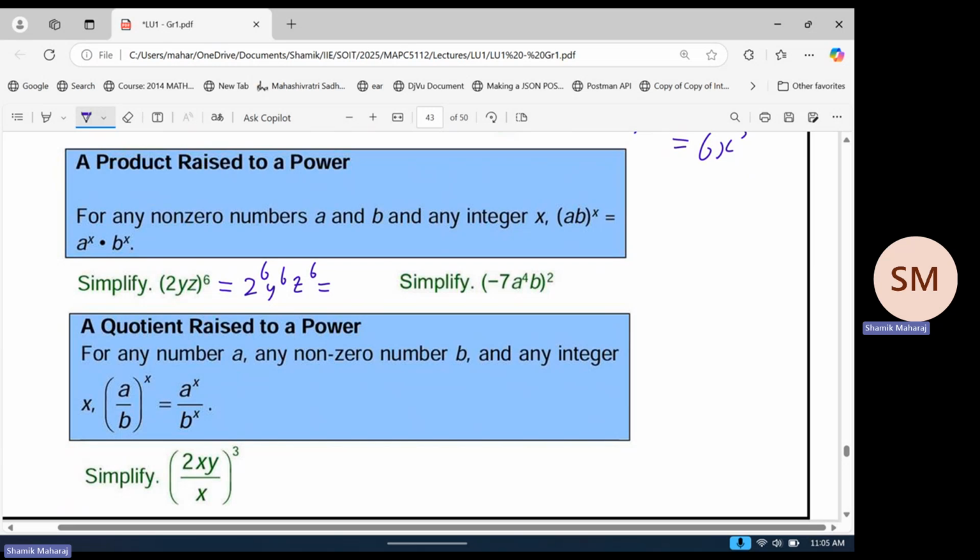And we can simplify that one more step. 2 to the 6 is it 32 or is it 64? I think it's 64. I'm going to write 64. If I'm wrong, just correct me. 64 y to the 6 z to the 6. Someone just check that for us. Oh, I can check it. Correct.